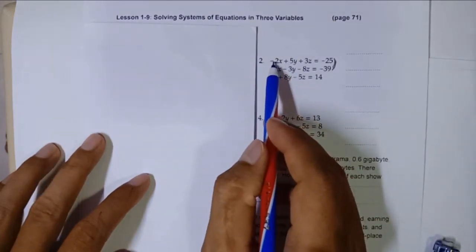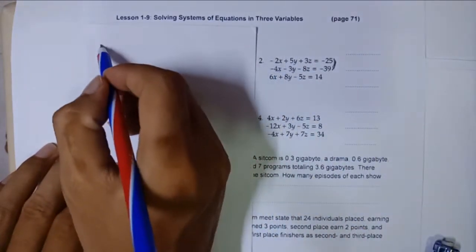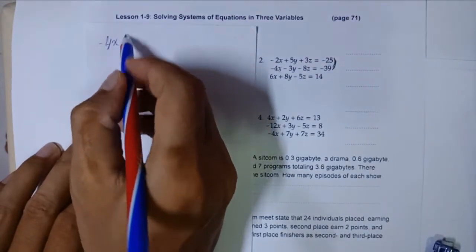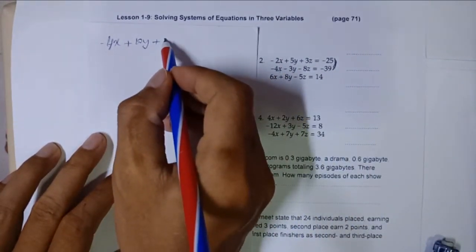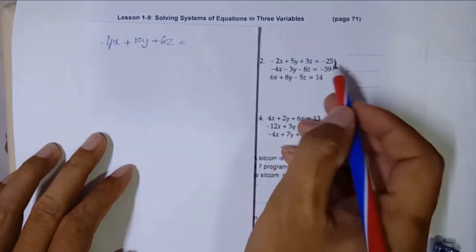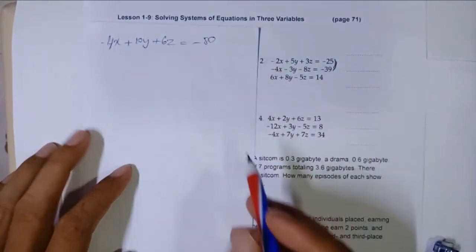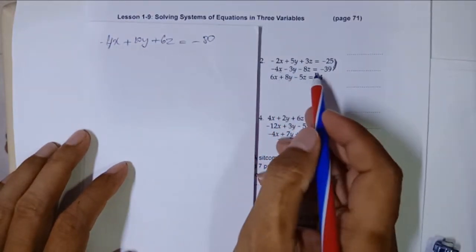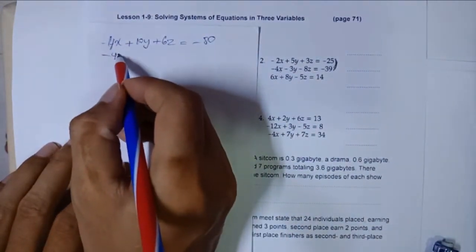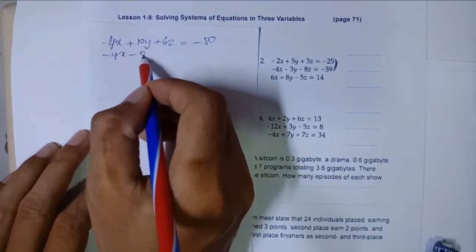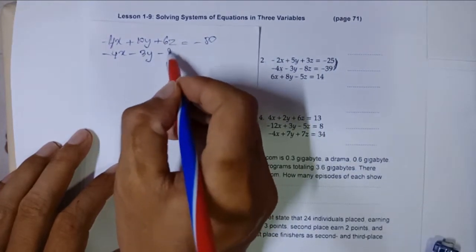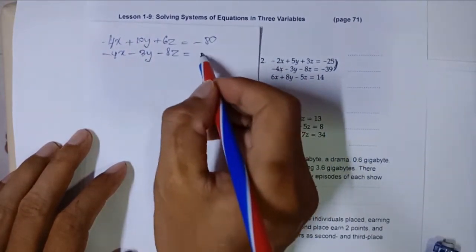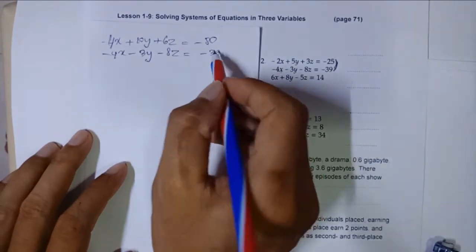So negative 2 times 2, I'm going to have negative 4x, times 2 becomes plus 10y, times 2 becomes plus 6z, equal to times 2, becomes minus 50. And we write this one again exactly the same: minus 4x minus 3y minus 8z equal to minus 39.